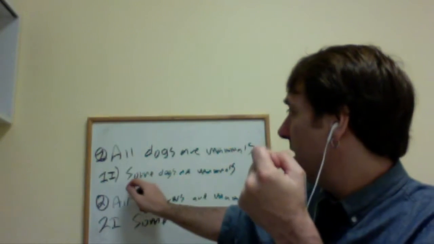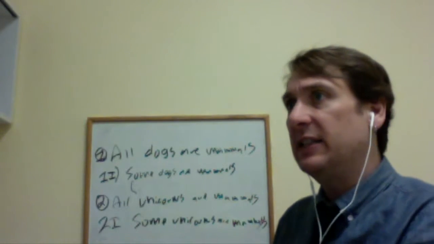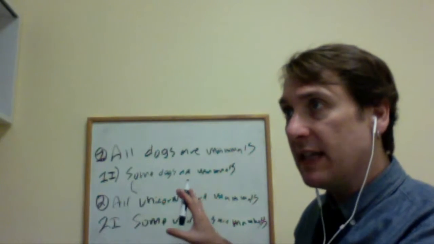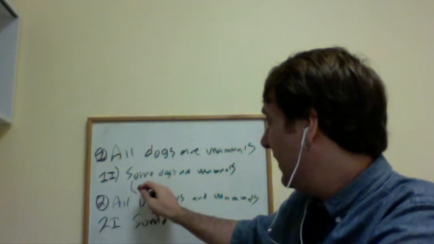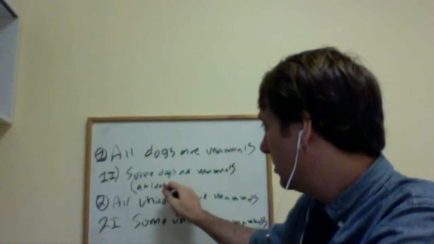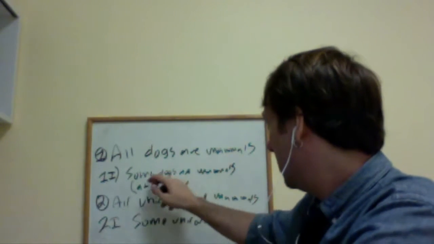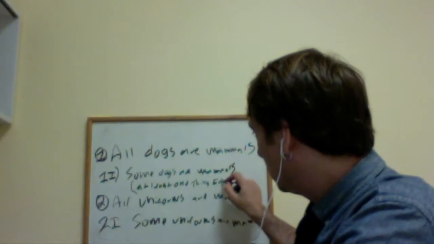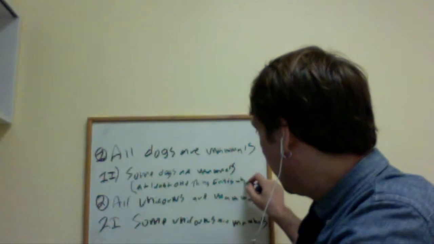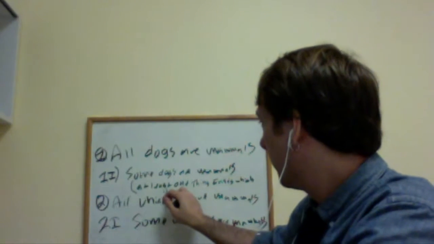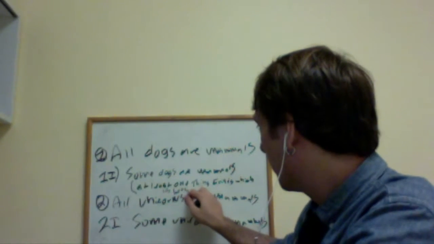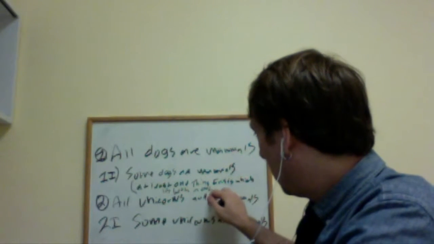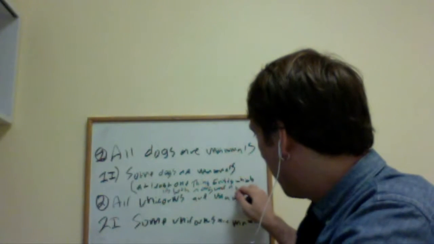Remember, we interpret this according to the way that we interpret these sentences. The meaning of this sentence is that at least one thing exists which is both a dog and a mammal.